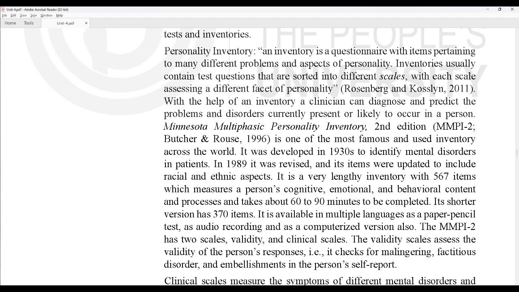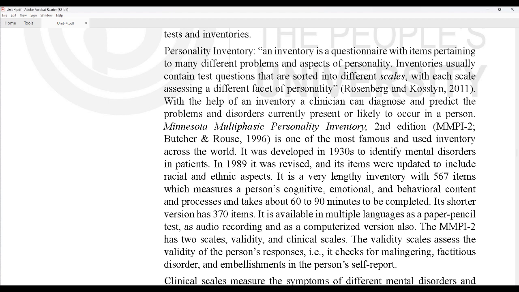The Minnesota Multiphasic Personality Inventory, 2nd edition, MMPI-2, Butcher and Rouse, 1996, is one of the most famous and used inventories across the world. It was developed in the 1930s to identify mental disorders in patients. In 1989 it was revised, and its items were updated to include racial and ethnic aspects.